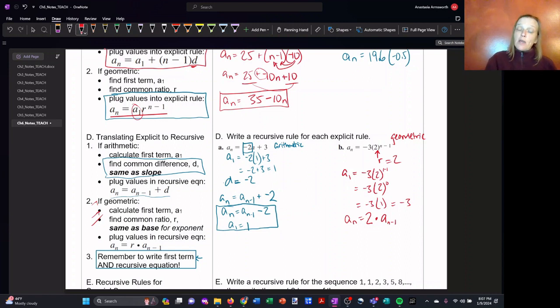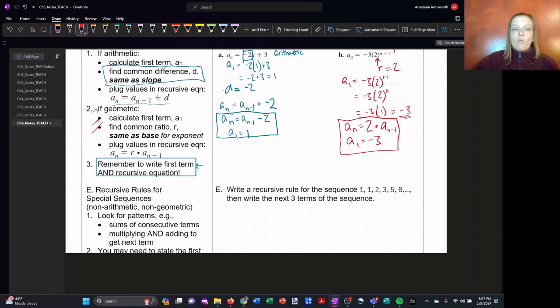That's my recursive equation, but I also need to write down what the first term is. The first term equals that -3 value that we calculated just here. And this is my complete answer for the recursive equation for this geometric sequence.